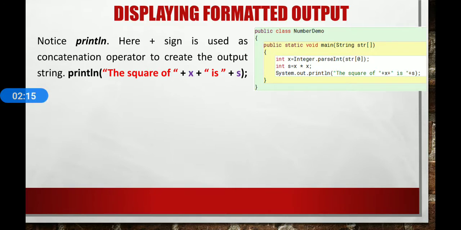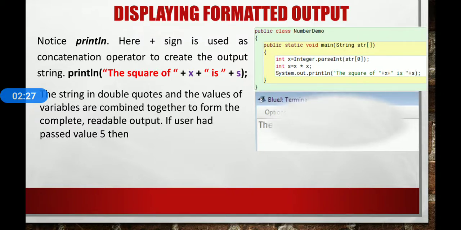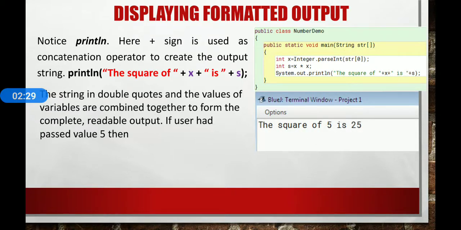So if we pass the value 5 to main, it will be stored in x, and then s will store 5 times 5, that is 25, and then it will display the message "The square of 5 is 25." It means "The square of" is written in double quotes, so it is displayed as it is, then the value of x, that's 5, then "is", then the value of s, that's 25.